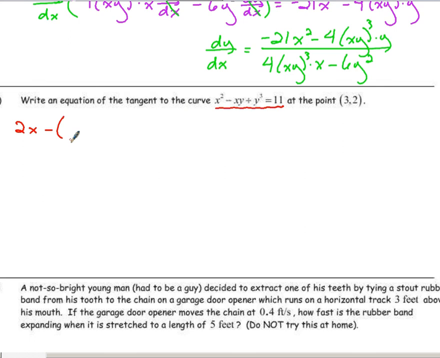Going through the product rule like we've done numerous times now, derivative of x is 1 times y plus x times derivative of y, which is 1 dy/dx. That completes the product. You're adding on the 3y squared for that derivative, dy/dx.